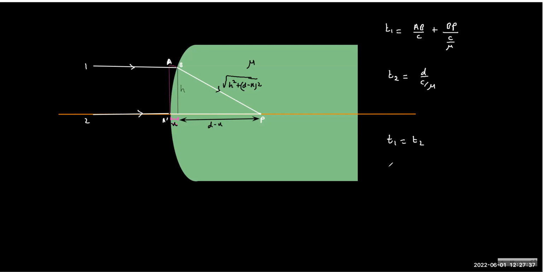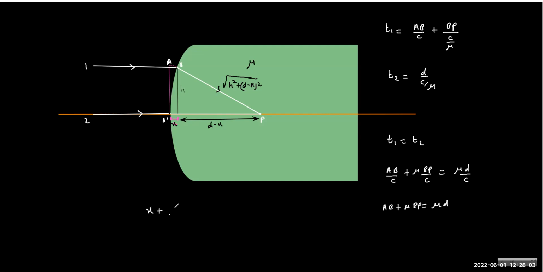What you can write is that AB upon C plus mu BP upon C equals mu D upon C. C cancels out. So we have a nice relation: AB plus mu BP equals mu D. And then AB, how much is it?